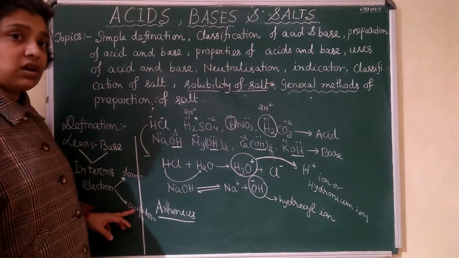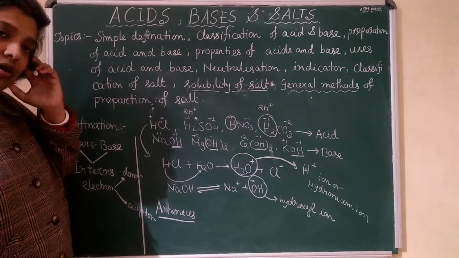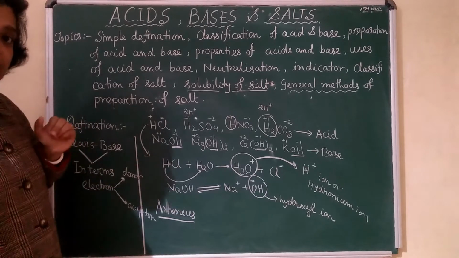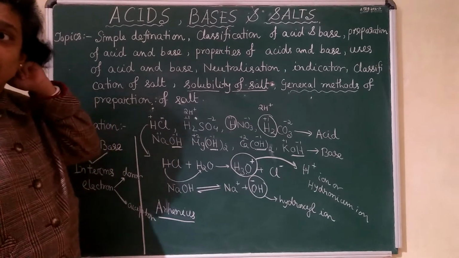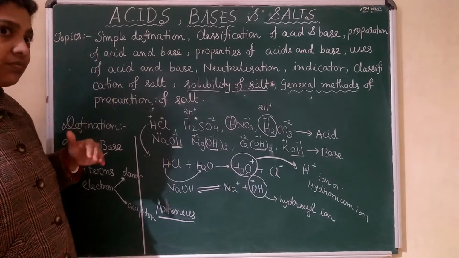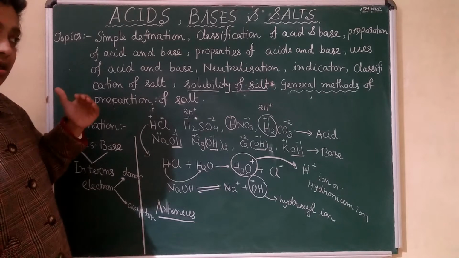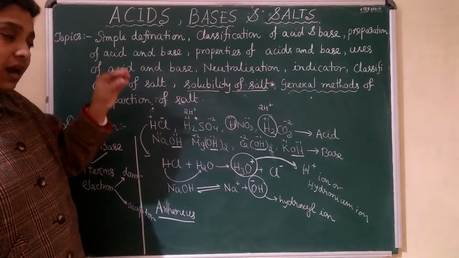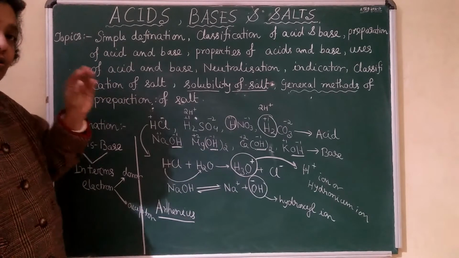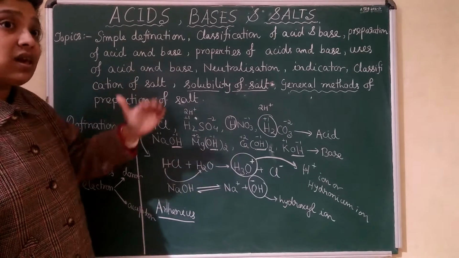So based on the structure, when you draw the molecular structure or electron dot structure in chemical bonding, you can see whether it has the possibility of giving electrons.